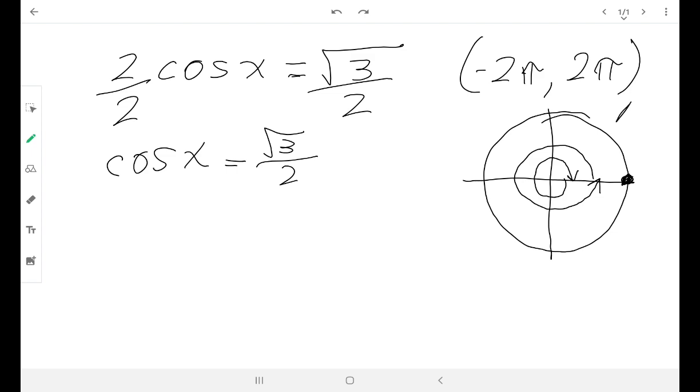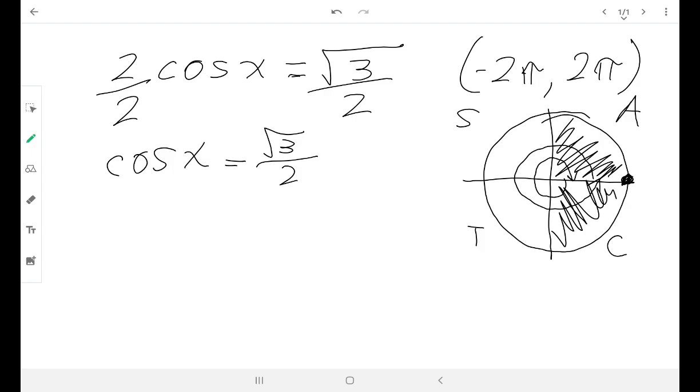So let's remind ourselves about our All Scholars Take Calculus. And that tells me that I'll be looking in the All quadrant and the Cosine quadrant.